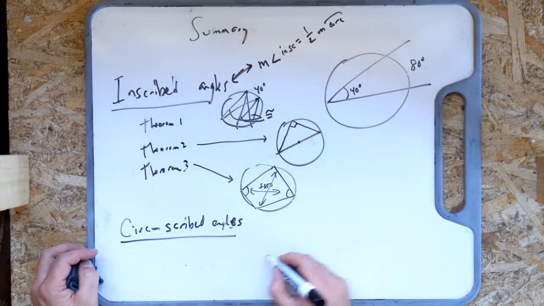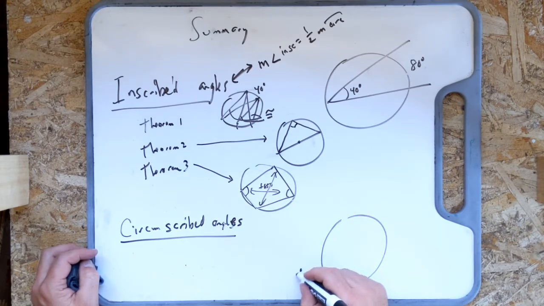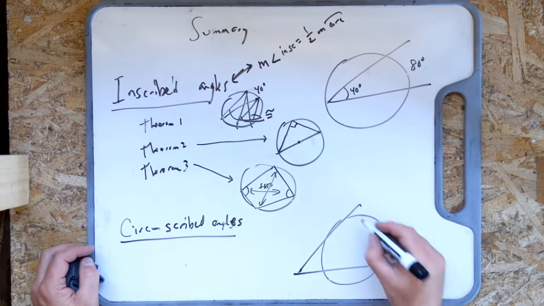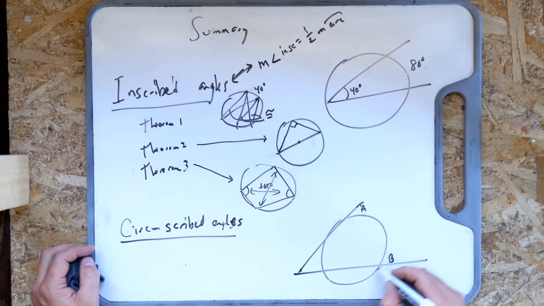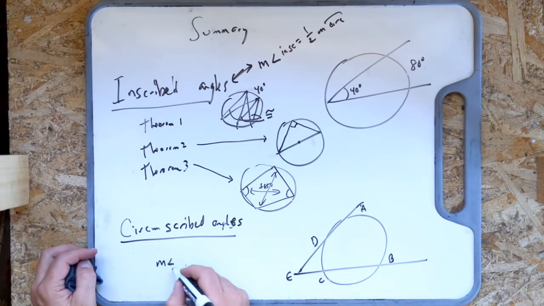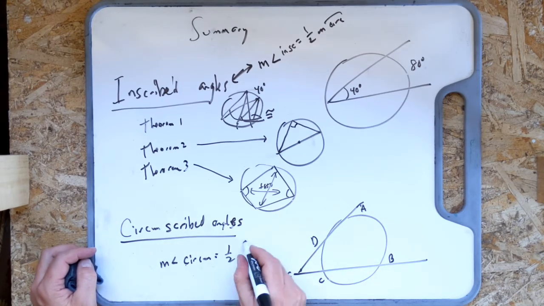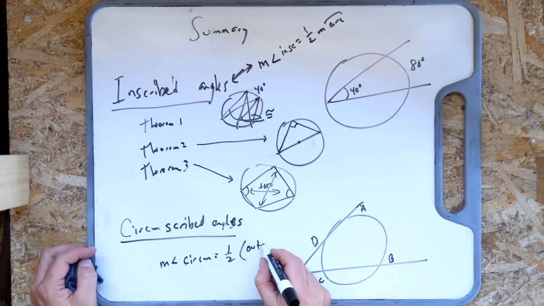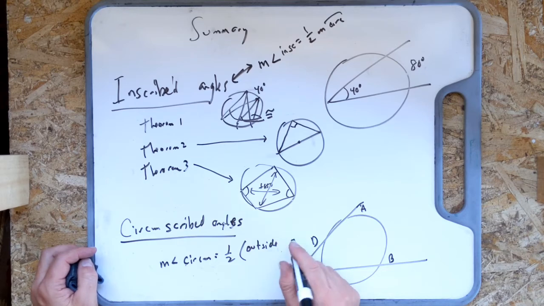And then circumscribed angles, it's an angle outside, could go through by the way as well. A, B, C, D, E. This one says that the measure of the circumscribed angle, which in this case is E, is 1/2 the outside arc minus the inside arc. There we go.